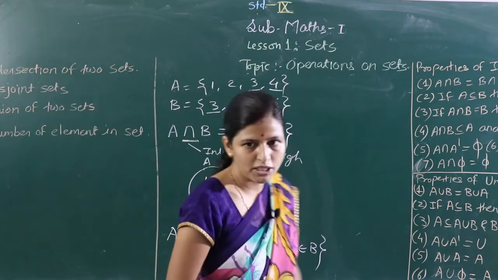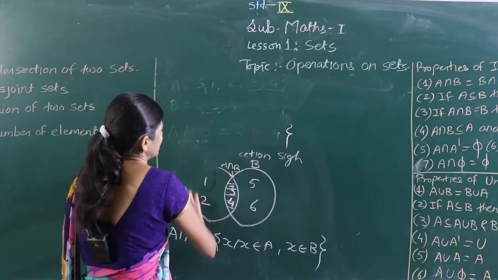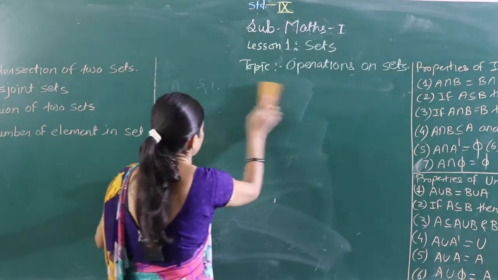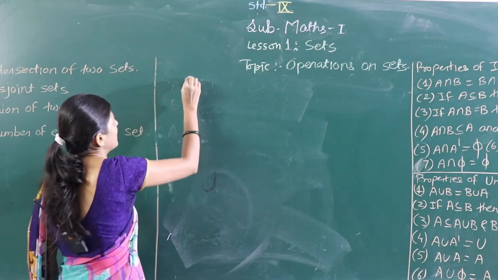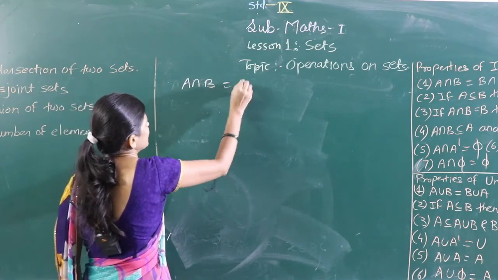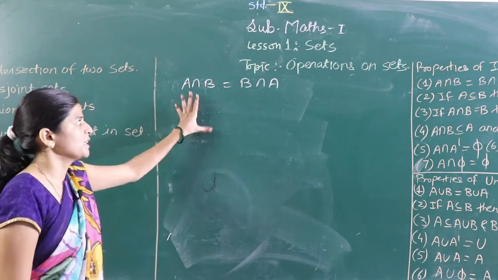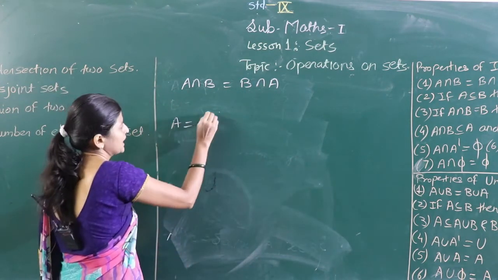Now we see the properties of intersection. The first property is A intersection B is equal to B intersection A. How do we check this property?